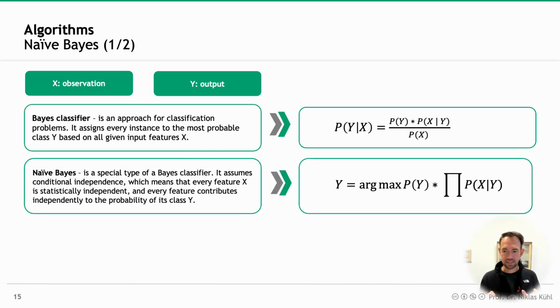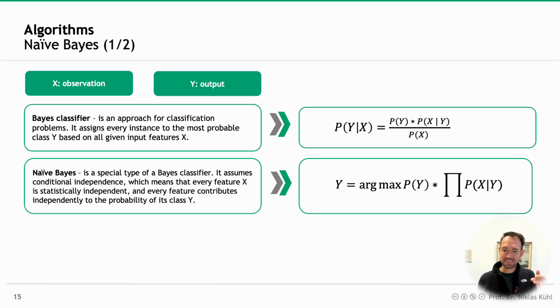So I already said that there's the case of assuming independence between features. This specific case is called naive Bayes, right? So it assumes conditional independence, which means that every feature that you have in your data set X is statistically independent, and every feature contributes also independently to the probability of its target, of this class Y. Now that's a pretty, let's say, unrealistic assumption in the real world.